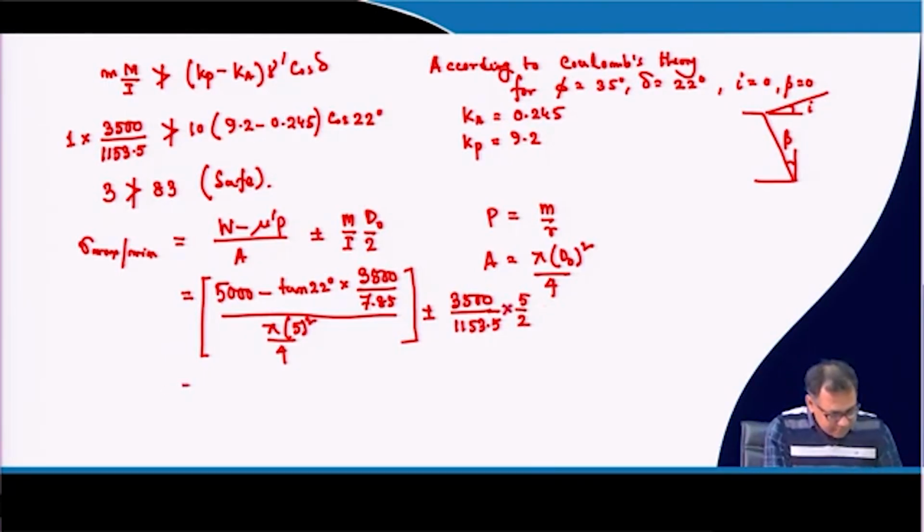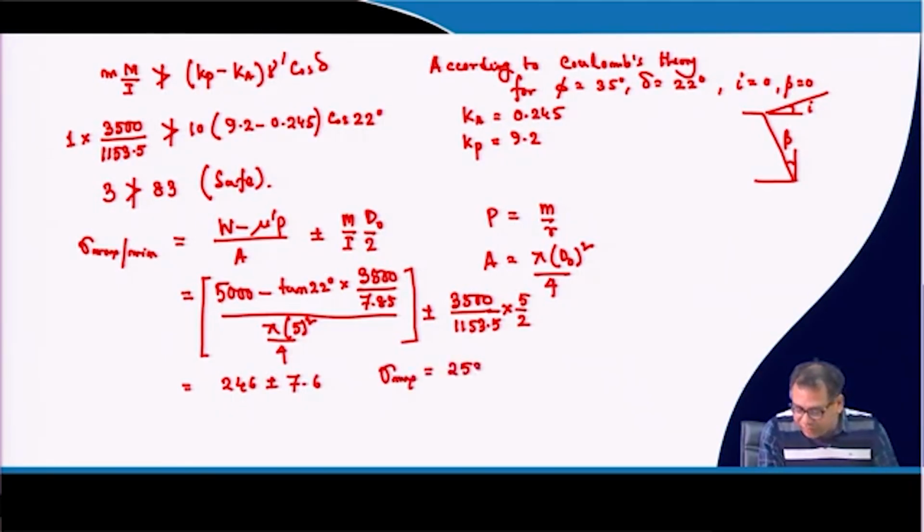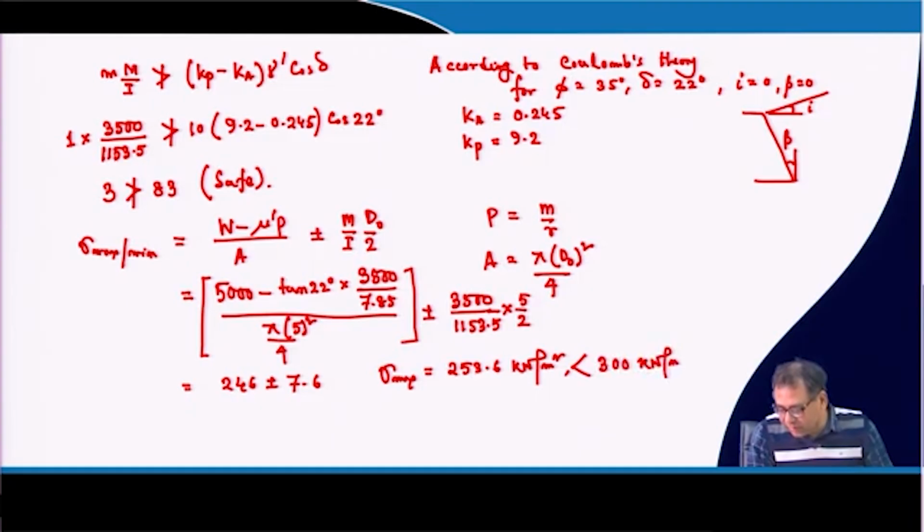So, that is equal to 246 plus or minus 7.6. So, sigma max is 253.6 kilonewton per meter square, which is less than 300 kilonewton per meter square. That is the allowable bearing pressure of the soil. So, it is safe.